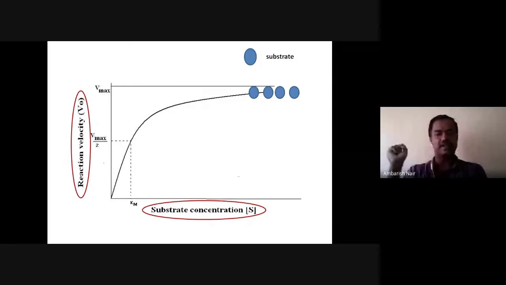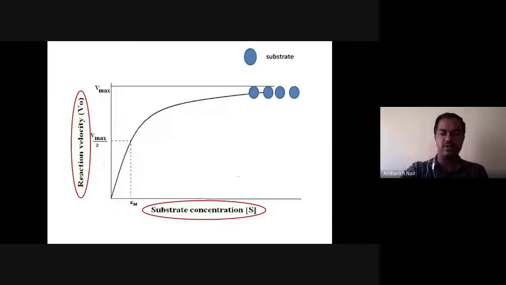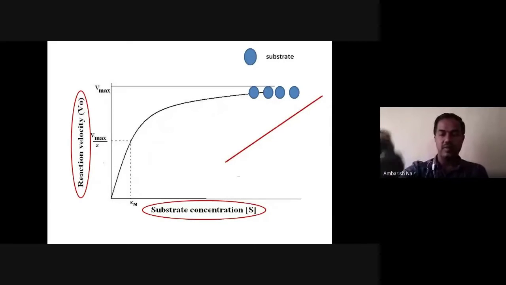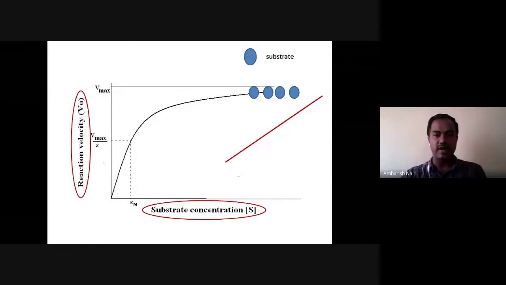To differentiate this hyperbolic curve, I have put one slide. Here I have put a straight line. I hope you can differentiate between a rectangular hyperbolic curve and a straight line. A straight line is straight, and a rectangular hyperbolic curve is a hyperbola. A straight line you can extrapolate in any direction.